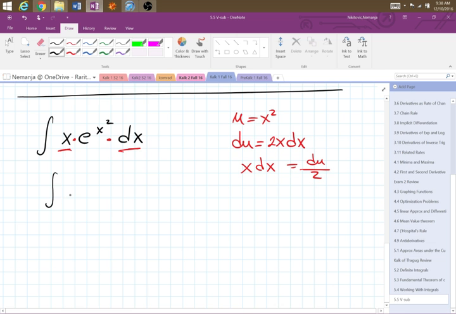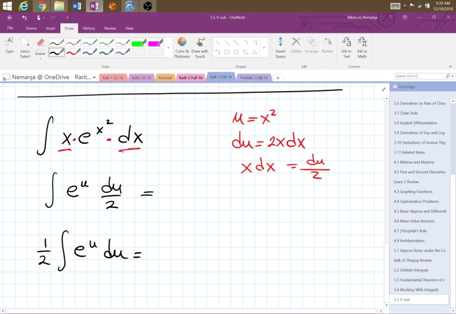Integral. I'm copying e as is, and the x squared becomes u. X dx is du over 2, and in the next step, I'm going to pull that 1/2 in front of the integral. So this is a different way of dealing with missing constants.